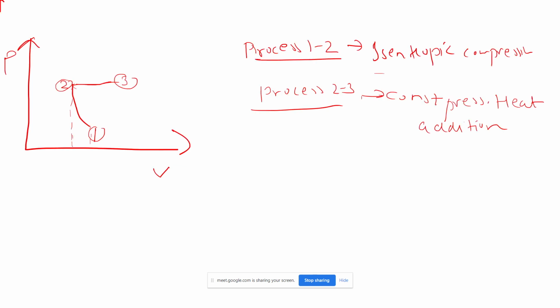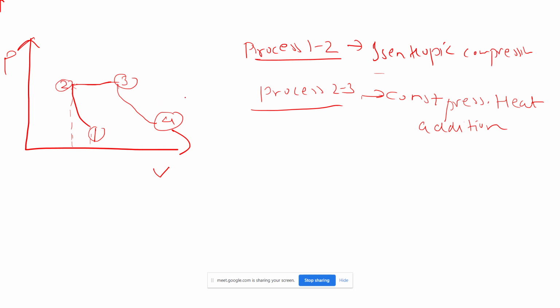Volume increases, yes, pressure decreases. You are right. So from point 3 to 4, the curve will look like this, and we get point 4.